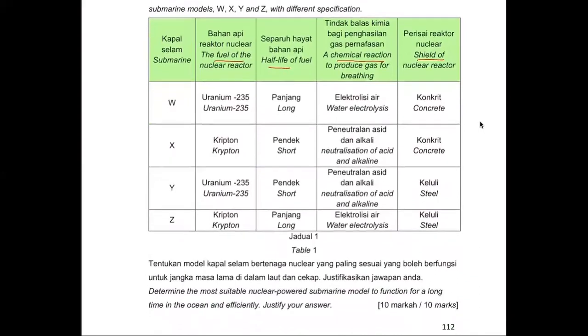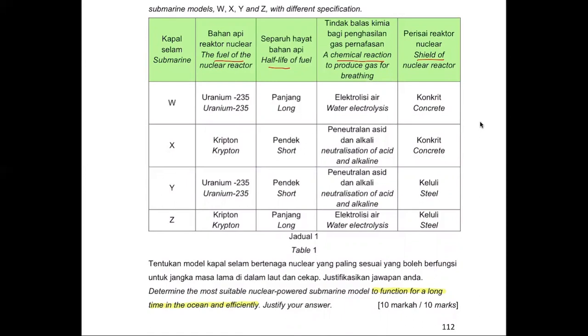So you are required to determine the most suitable nuclear powered submarine model to function for a long time in the ocean and efficiently. Justify your answer. So that one is 10 marks. So please answer in table form.